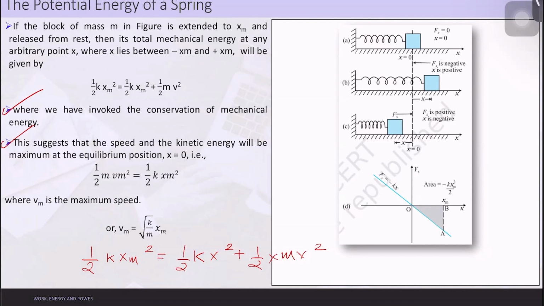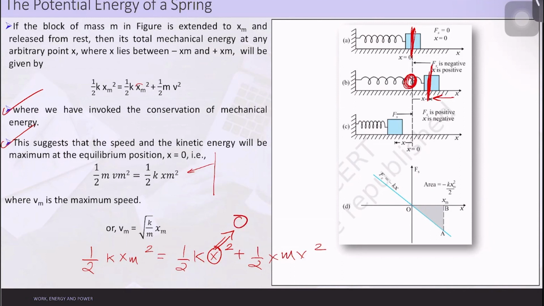Okay. So this suggests that the speed and the kinetic energy will be maximum at the equilibrium position. So what is basically the equilibrium position? This is your equilibrium position. If we calculate at this location, we need to find out what will happen when we start from this location and release the body. What is the velocity at this location?